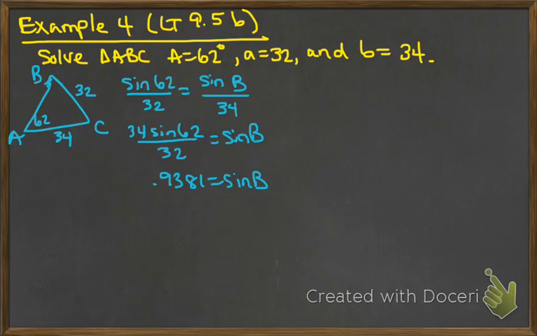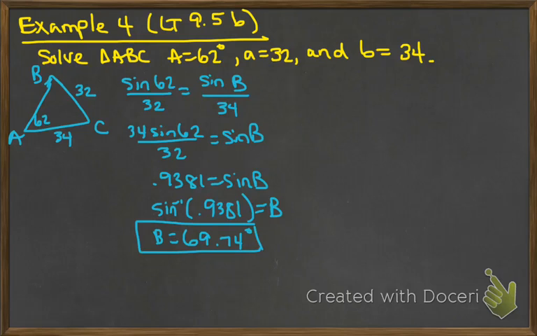So now I do the inverse sine, sine to the -1 of 0.9381. And that's going to equal my B value. So in this case, B is equal to 69.74. This is an angle, so I have to put that degree mark on there.